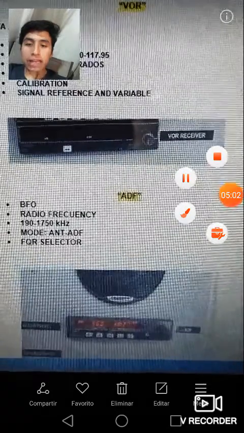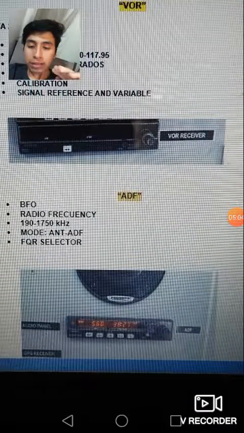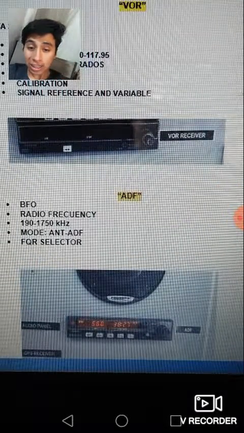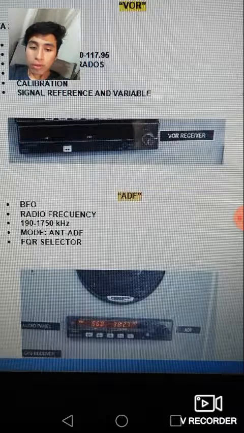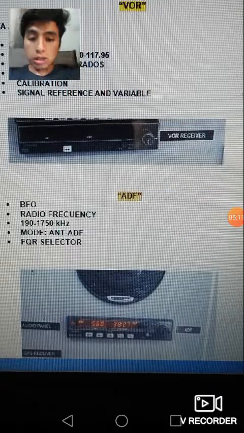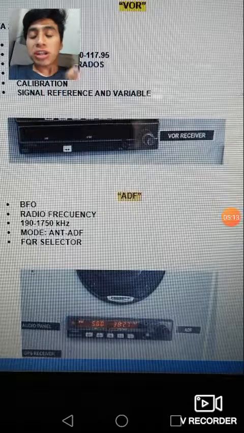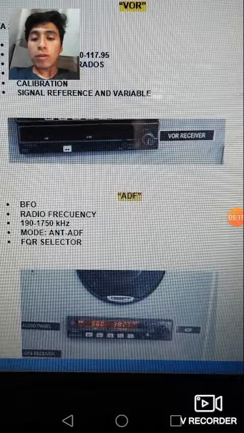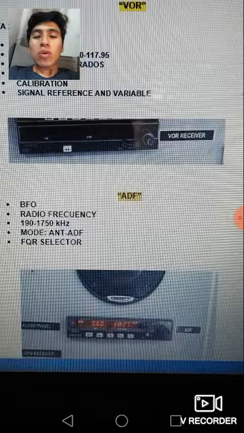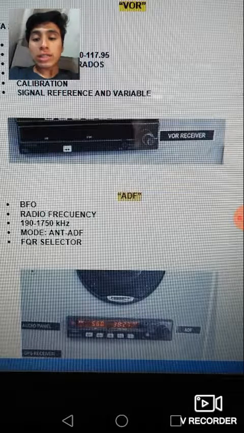So in this opportunity, I identified the ADF. ADF has different, especially different buttons. The special button is BFO. What is it?